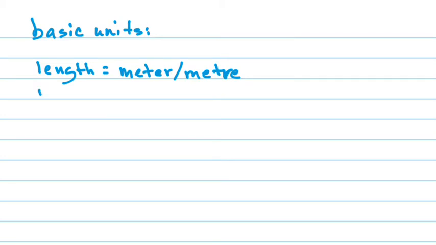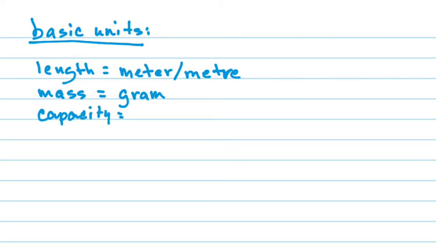Then for mass, that's when you use the gram, right? Then when we do other units, we'll have other basic units. So for capacity, it's the liter. All right, and those are the three basic ones. We're going to be using all of these.